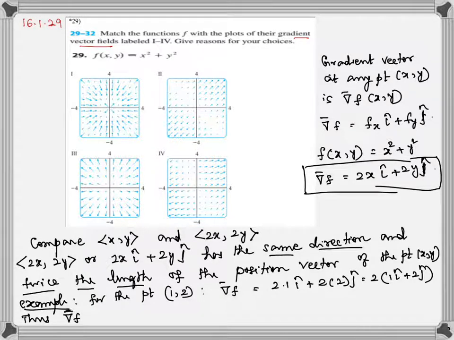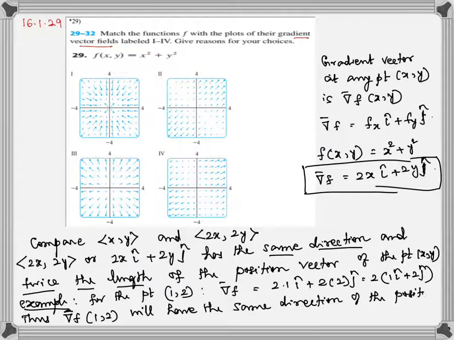Thus, del f at the point 1, 2 will have the same direction as the position vector of the point 1, 2, but the length is twice.